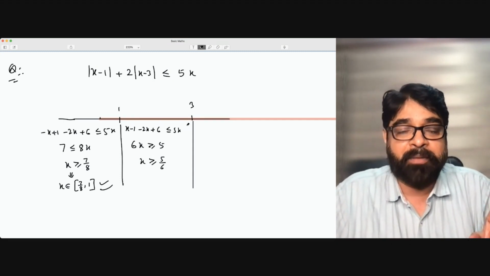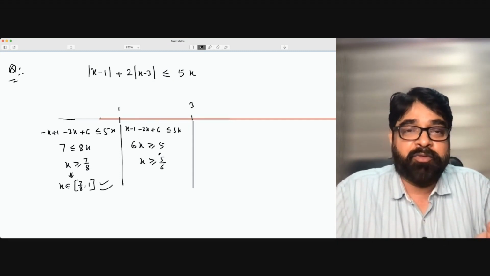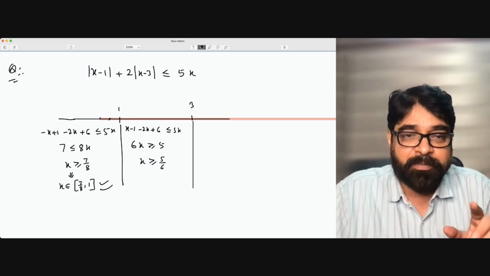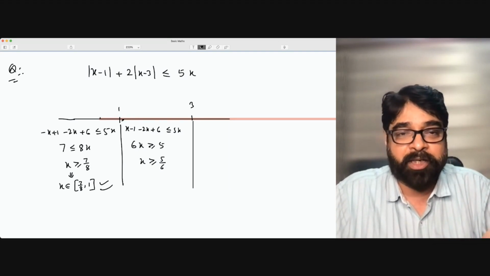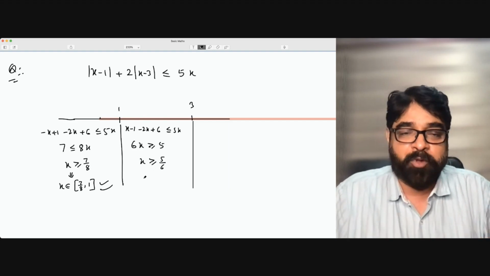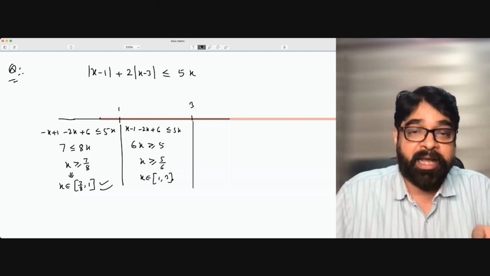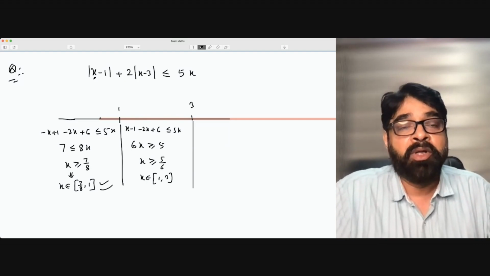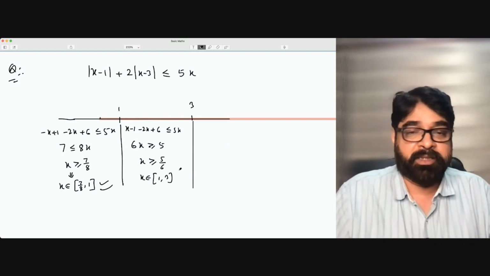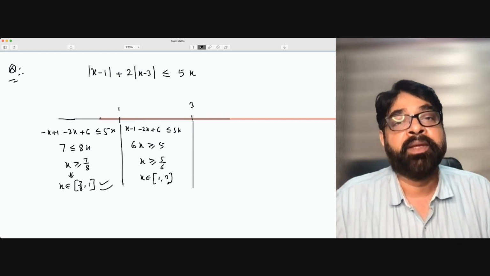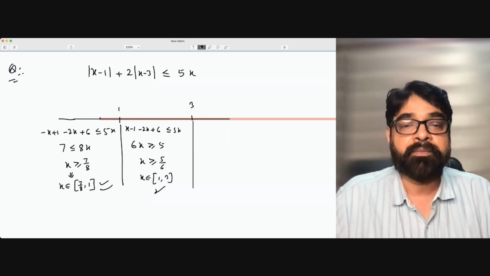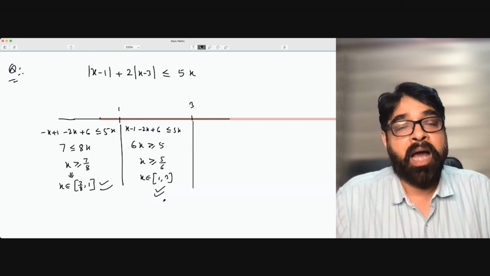Because x greater than or equal to 5 by 6 means this, but that is rejected because our area is 1 to 3, and they are saying 1 to 3 everything. So x belongs to 1 to 3 directly. 3 I have to verify. If I put 3, this will become 0 and this will become 2. Yes, correct. So 1 to 3 completely. This is also a solution. Are you able to understand?